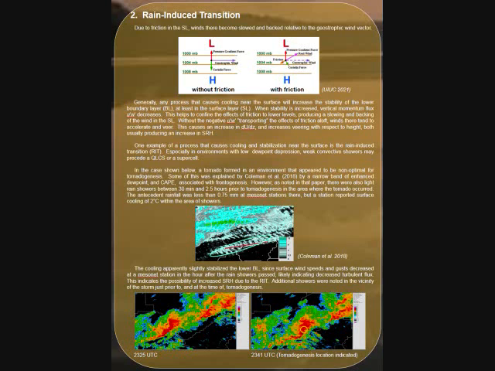So there was a decreased turbulent flux of momentum. This indicates the possibility of increased storm relative helicity due to the rain-induced transition. And if we look here, tornadogenesis occurred around 2341 UTC.